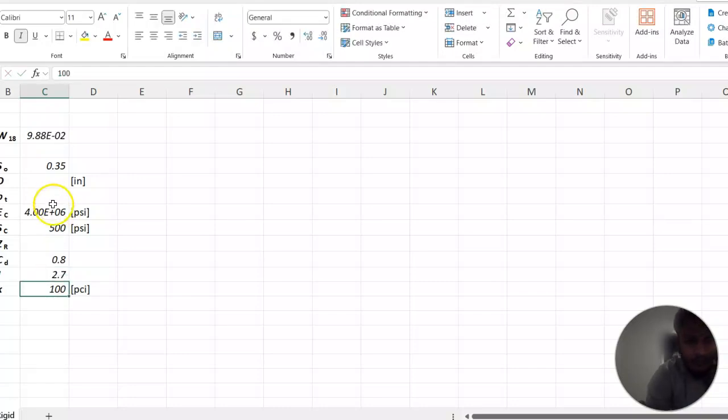Next is ZR, which is nothing but reliability. Let me find what the ZR is. We get ZR as minus 1.645.